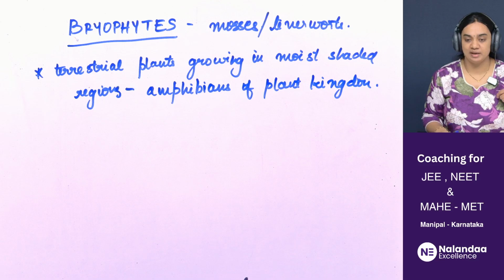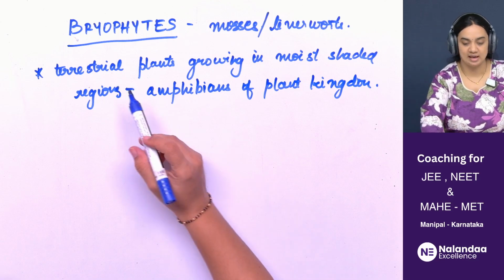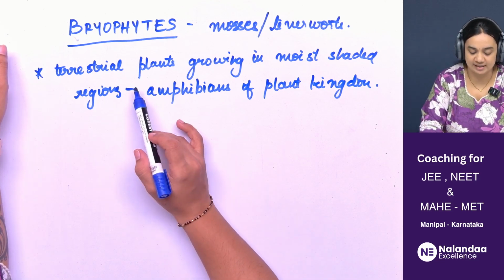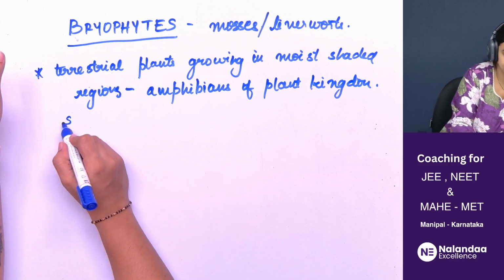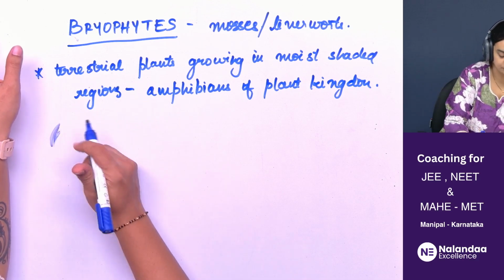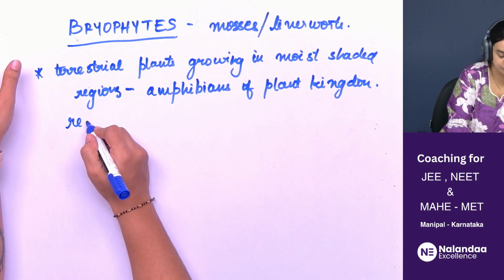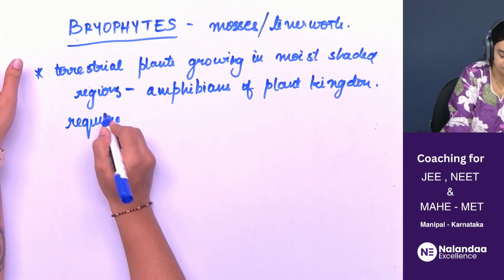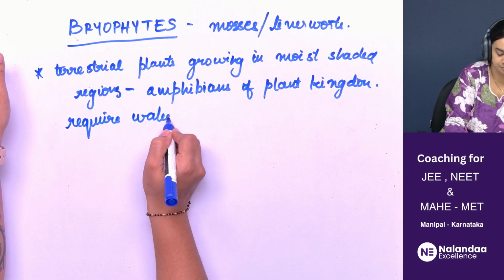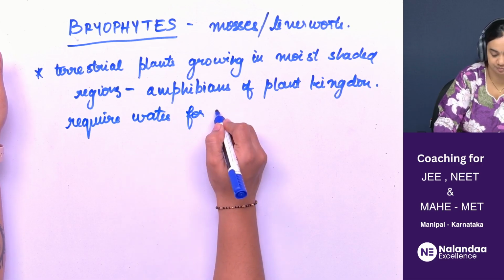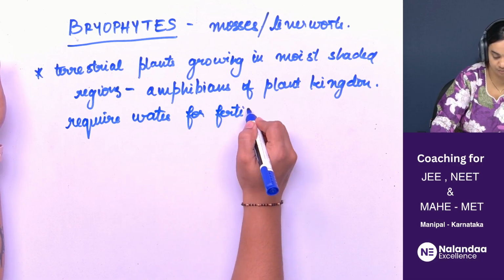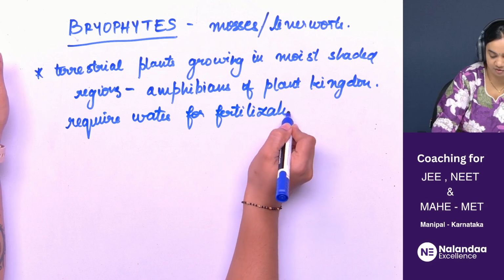They're called amphibians of the plant kingdom, which means they live in a terrestrial environment but require water for fertilization.